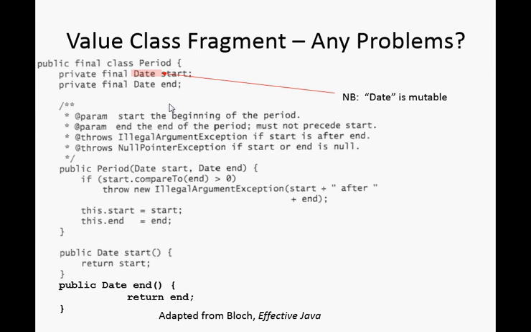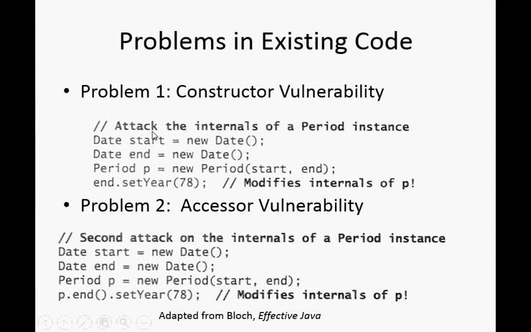Yeah, exactly. If they could still change the start or end date outside of the class, I'd have no way of checking my invariant, right? I want a mutable class, so I'm not bothered by start changing, but I at least want enough control over that class instance. So if start is being changed, I make sure it's before end, right? And I lose that ability if I'm just willy-nilly handing out these references to these internal things.